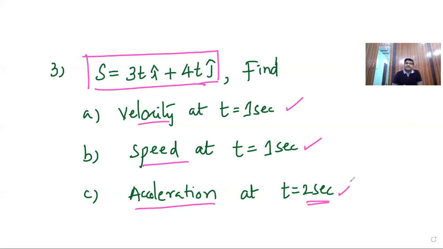This is interesting. Clear? Now let us solve this problem first. Let us see the expression he has given, S is equal to 3t i cap plus 4t j cap. This is a vector form notation.